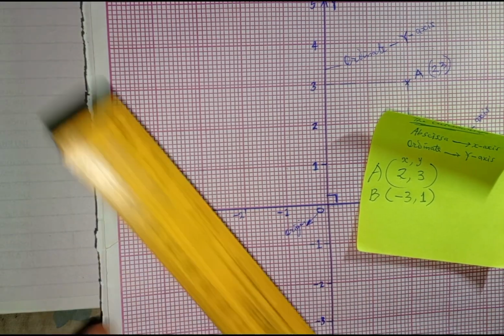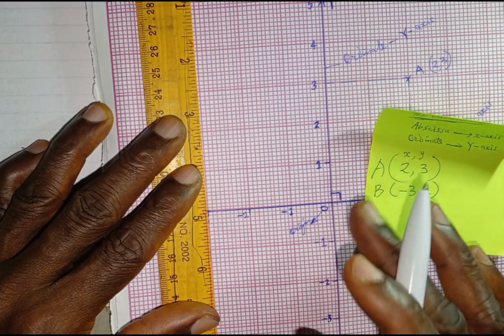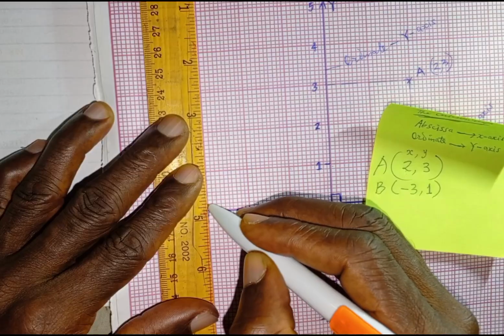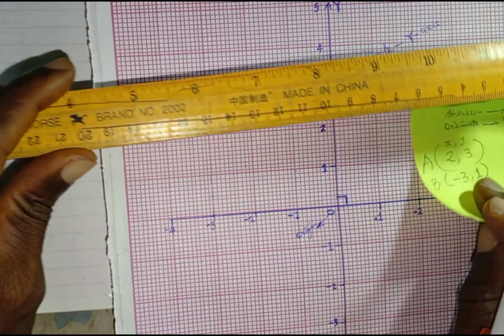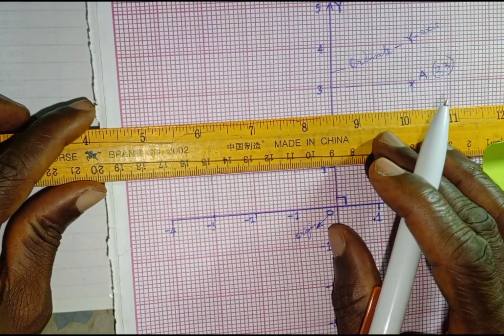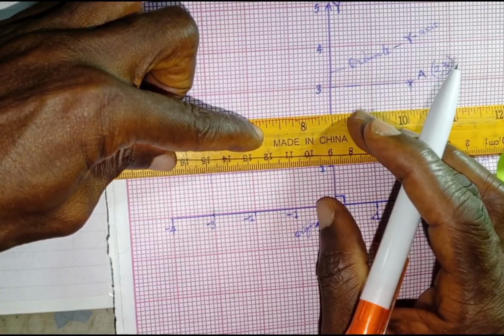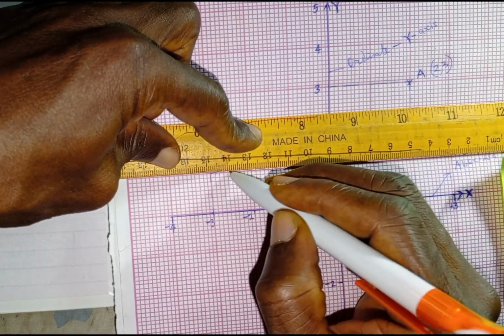If you have a good graph sheet, you may not need to use a dotted line anymore, because the graph sheet has formed a grid, a beautiful grid connecting all the lines together.